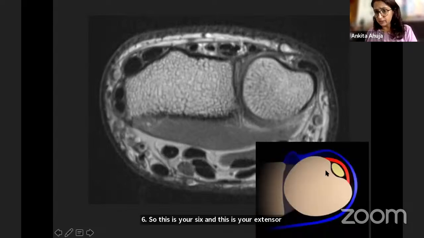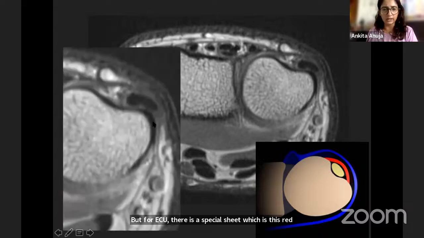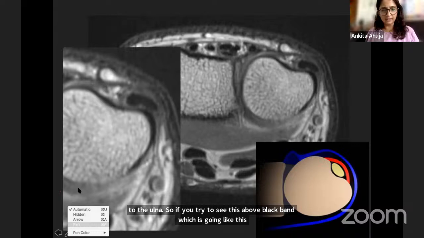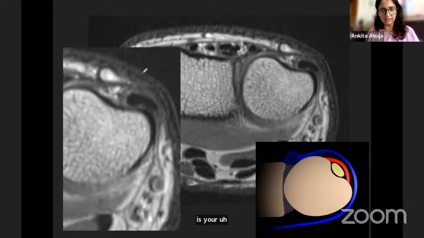But for the ECU, there is a special sheath, which is this red one, which is holding the ECU within the groove related to the ulna. So if you try to see this above black band, which is going like this, is your extensor retinaculum. But you see this thin black band deep to it running across like this.